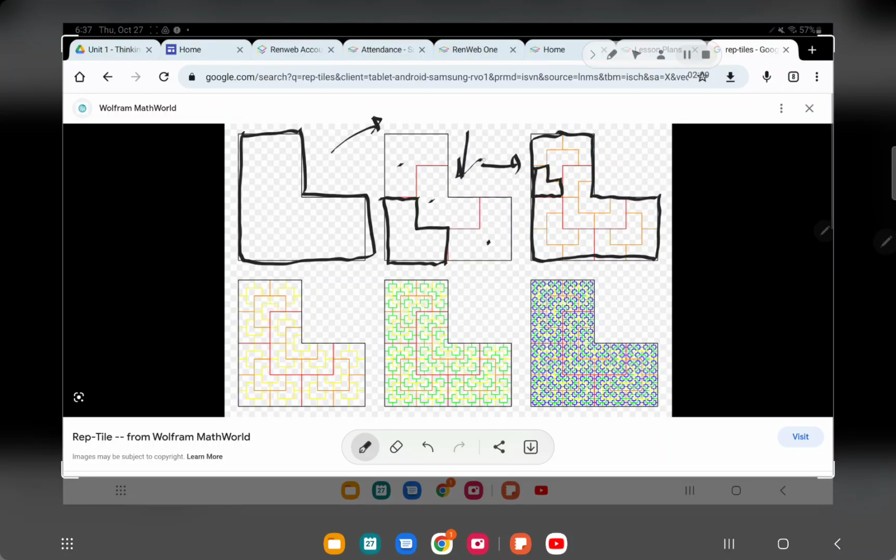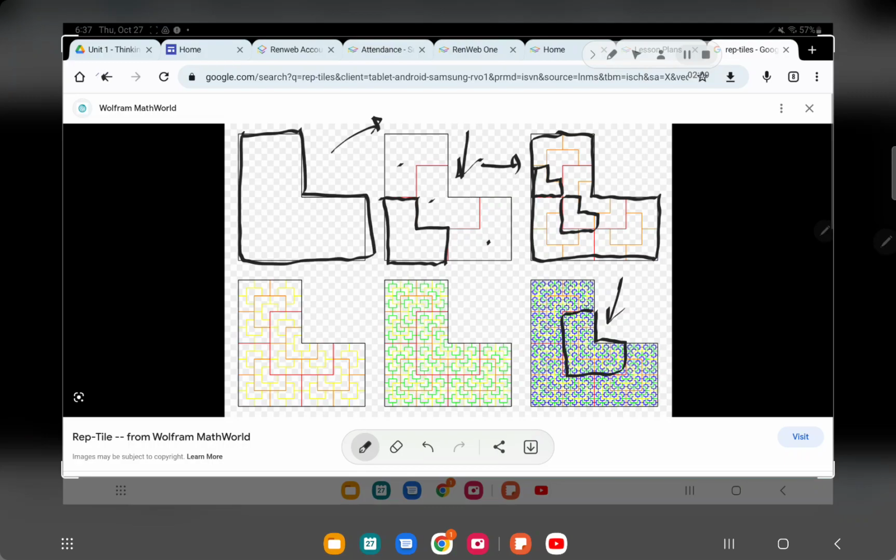So this is probably the simplest Rep-Tile, and then here this is a very complex Rep-Tile, but if you zoom in far enough, I'm sure you'll see that they're made up of all shapes that are the same, like this, but just really small, and they get bigger as they go on. And you can even see right here, they took that and they just kept breaking it up into members of the same shape. All right, so this is an example of a Rep-Tile.